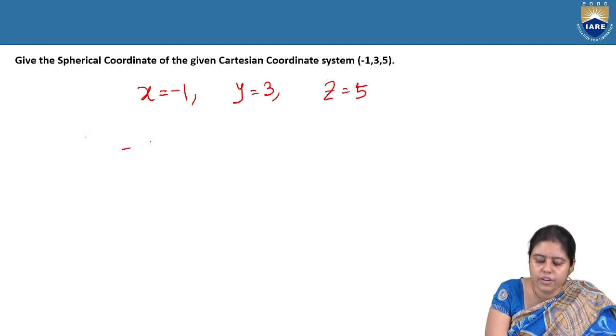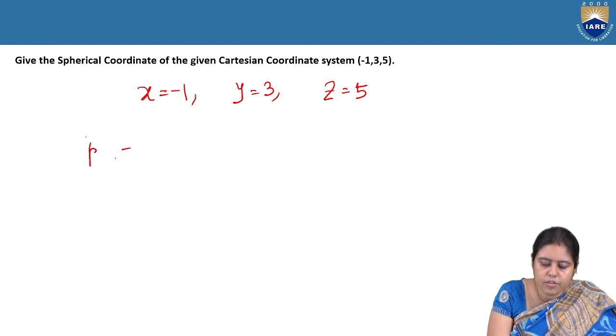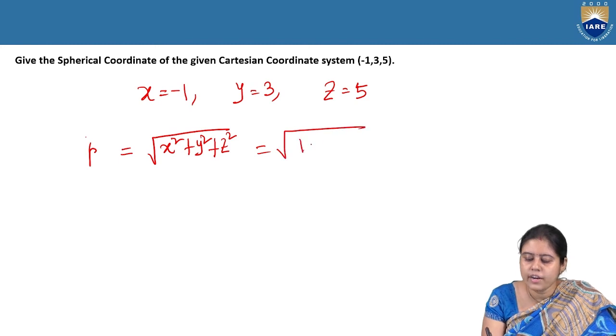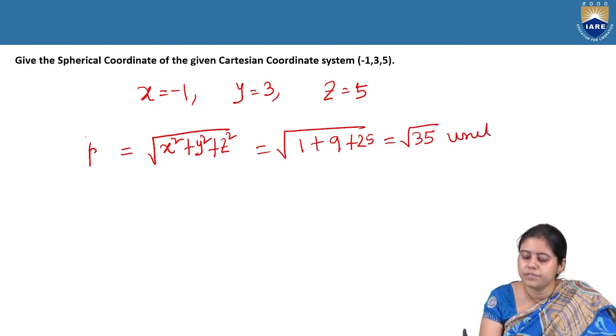R is equal to root of x square plus y square plus z square, which is 1 plus 9 plus 25, and it comes to root 35 units.